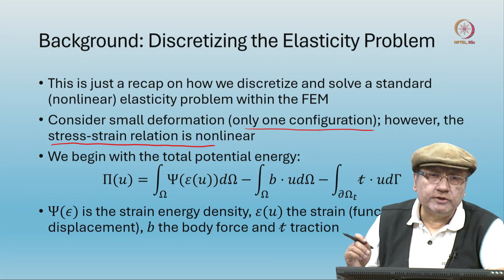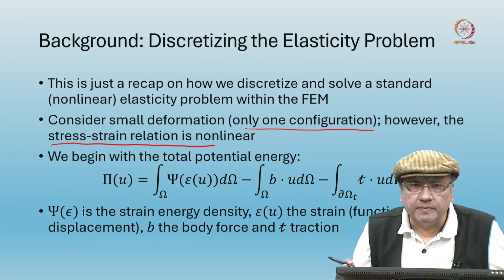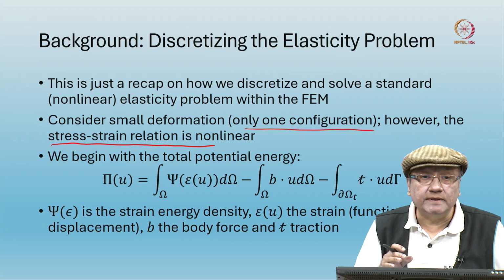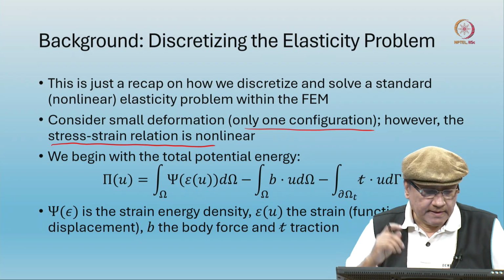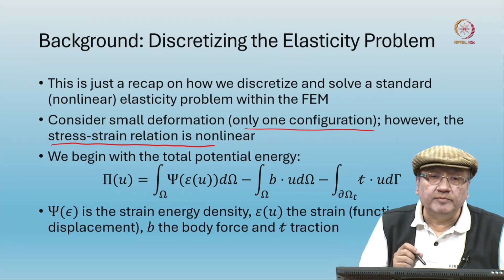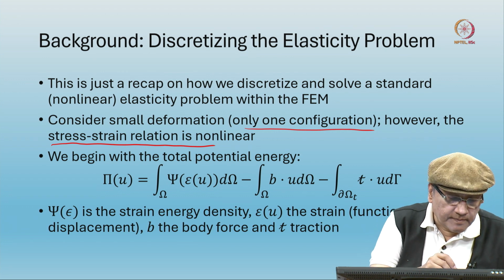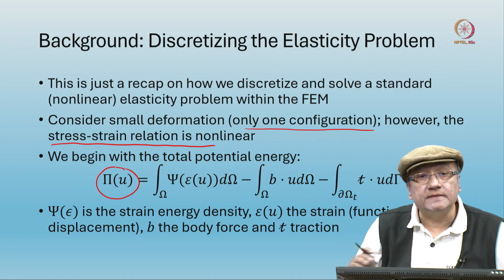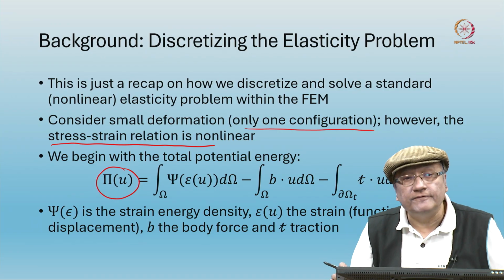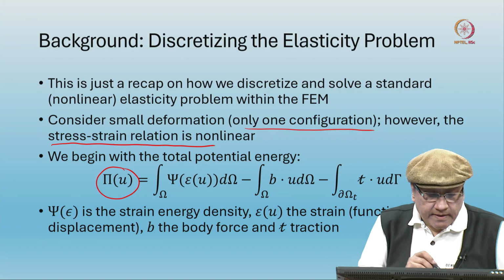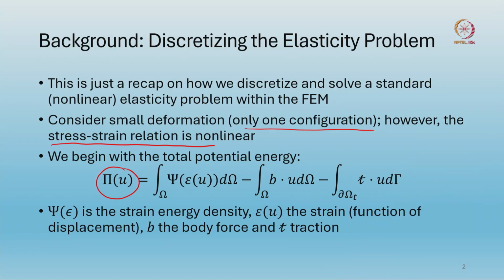The variational problem that we typically solve for the unknown displacement u is the minimization of a total energy. Call it pi of u. Pi is a function of the displacement field u. The detailed expression for this pi of u consists of three parts.